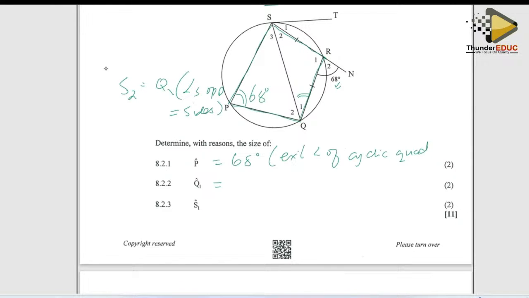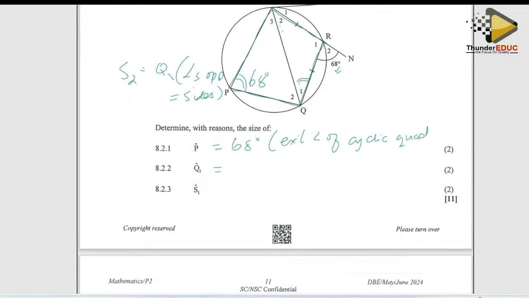Okay, and then we can see that these two are interior and 68 will be exterior, so which means it's going to be 68 divided by 2, which is a 34. So we can give the reason as exterior angle of a triangle, but start by telling us that the two angles are the same because of angles opposite equal sides.